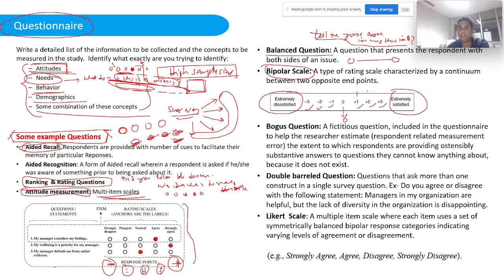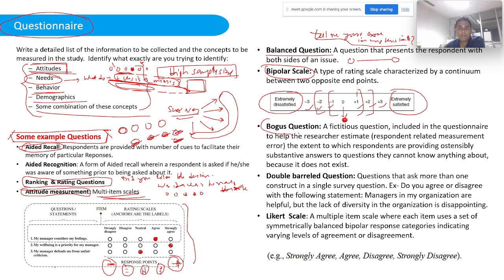So you can define whether it's a 5-point scale or 7-point scale. Basically we have a neutral value in the middle, and then you can decide the levels of positive and negative. So instead of 3 you could have -2 and +2, or you can have -1 and +1. Okay, so depending upon your requirement, you formulate these scales.